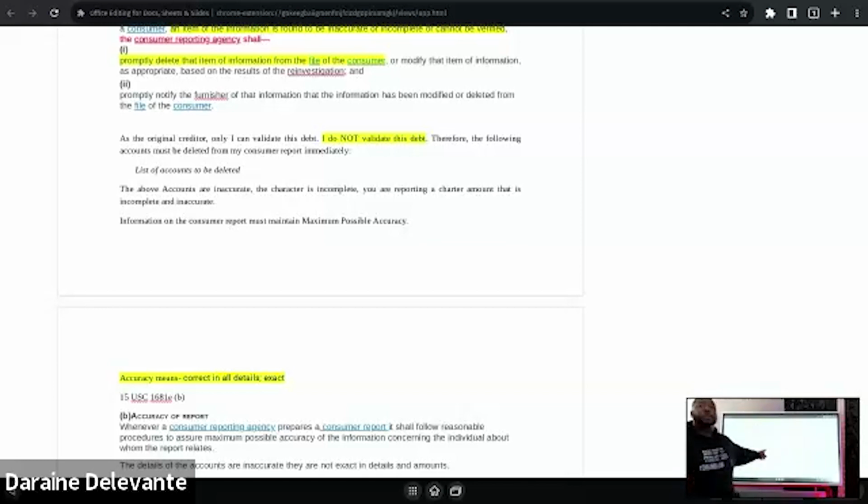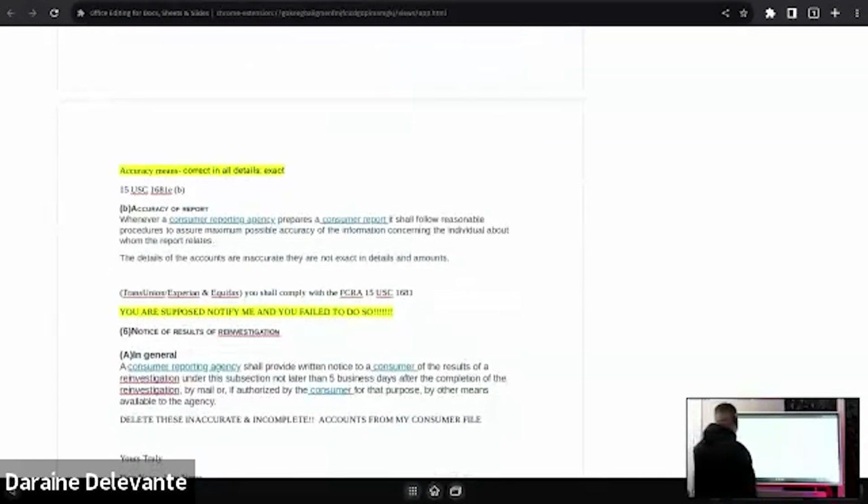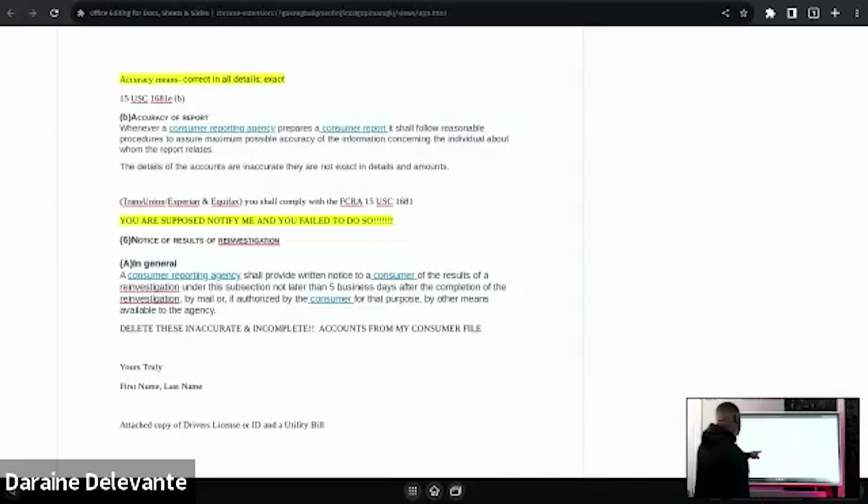And if they cannot prove that this notice was sent within 5 business days, ladies and gentlemen, guess what? The law doesn't say you have to receive it within 5 business days. The law says they must send it. Let me look at that again. What does the law say? The law says they shall provide a written notice.